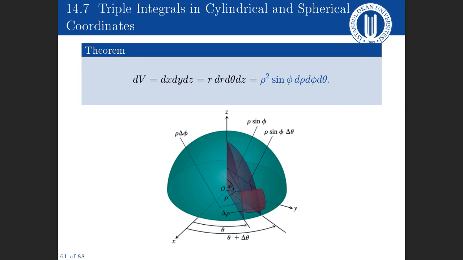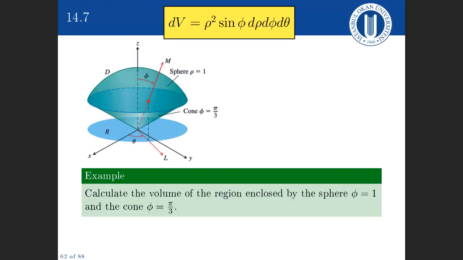And I'm not going to prove this formula to you. This is just a formula that you need to remember for the exams. I'm writing this at the top. We're going to be using this for the next few slides.